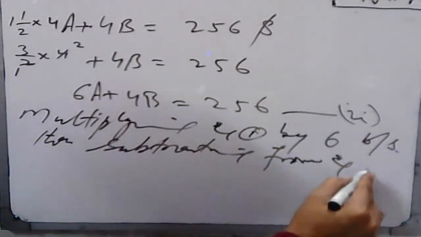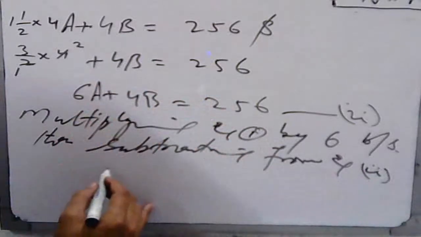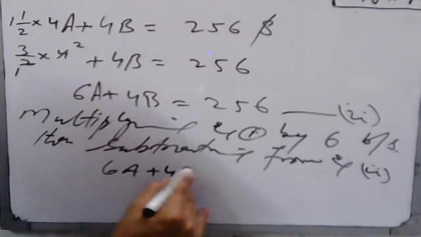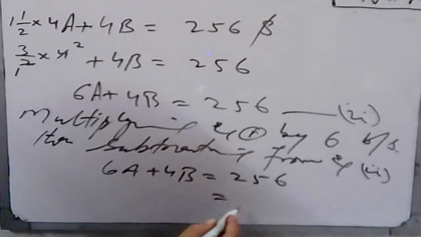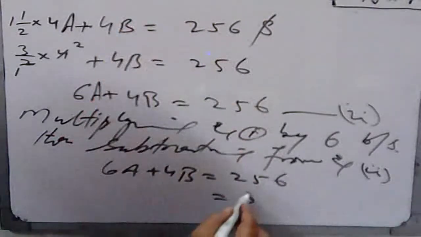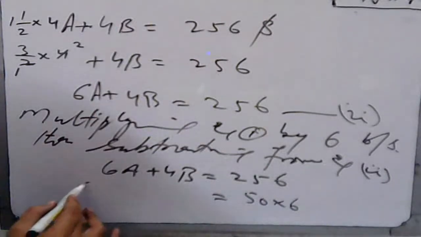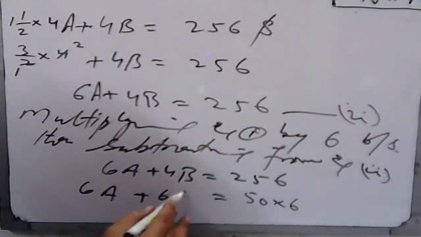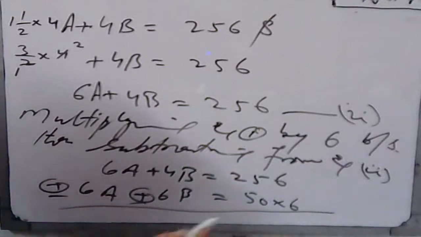Equation 2 is written above: 6A plus 4B is equal to 256. Multiplying equation 1 by 6 gives 6A plus 6B. After subtraction, the sign should be changed, so it will give you 0, and 5 sixes are 30.